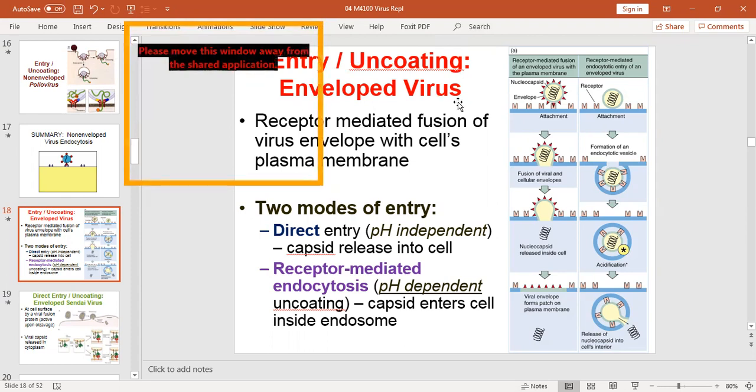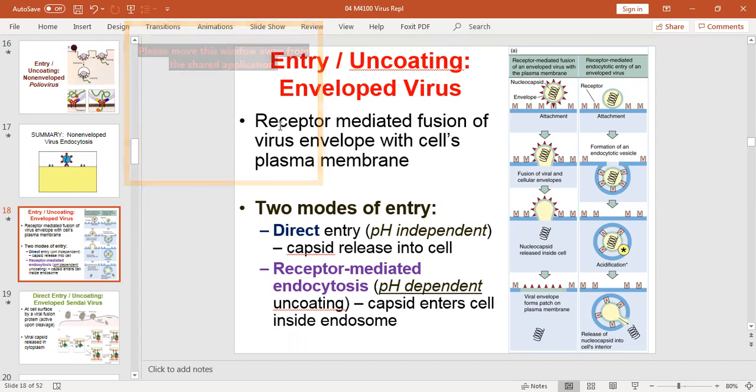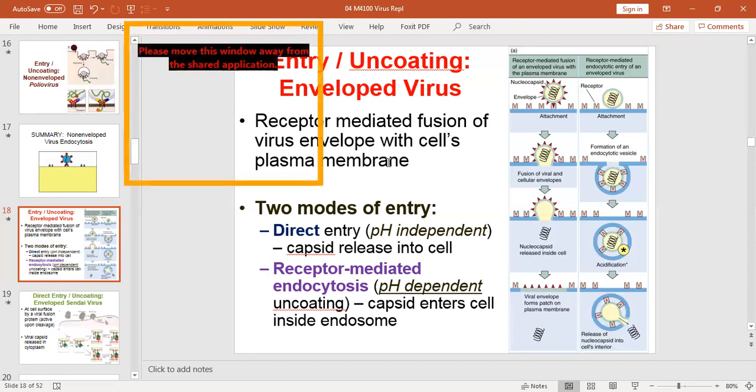Enveloped viruses are those viruses that when they are budding or coming out of the host cell, they pick up a piece of the host cell plasma membrane. So entry is through receptor-mediated fusion of virus envelope with host cell plasma membrane.